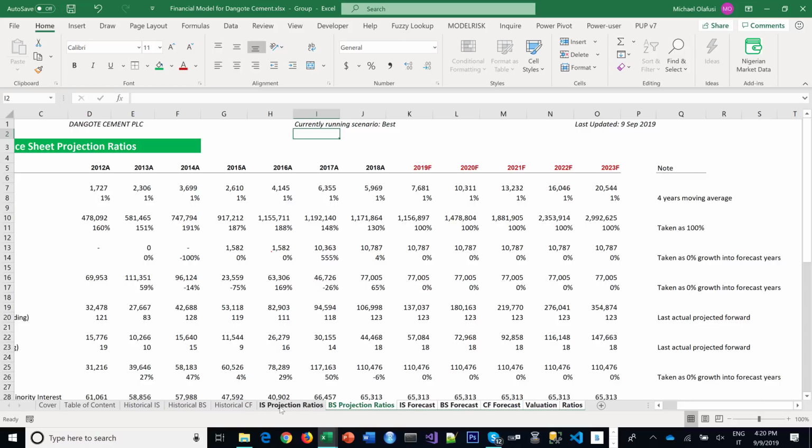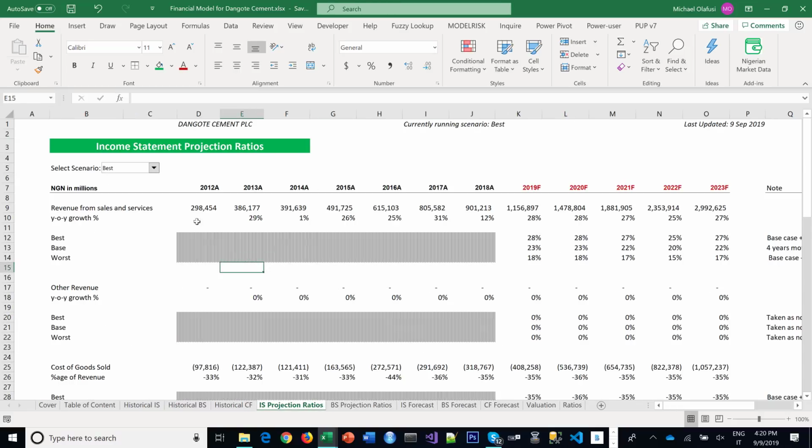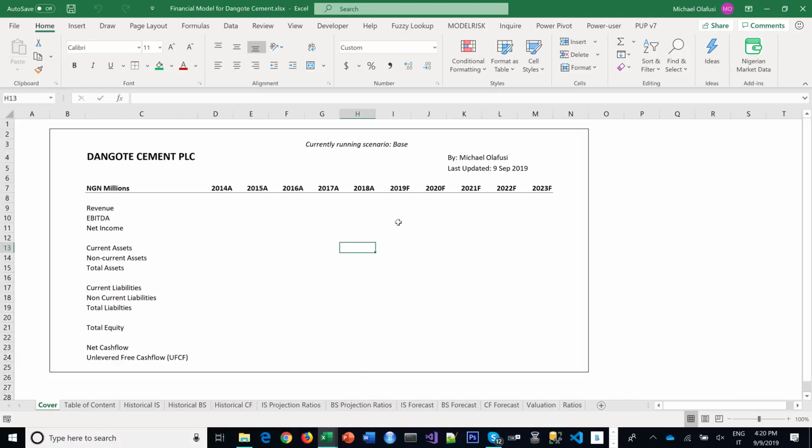Alright, so that way whenever I change the scenario, I will be able to see it everywhere what scenario we are on. So that makes it a lot more useful for the end user. So I'm going to continue. Let me just go and change it back.